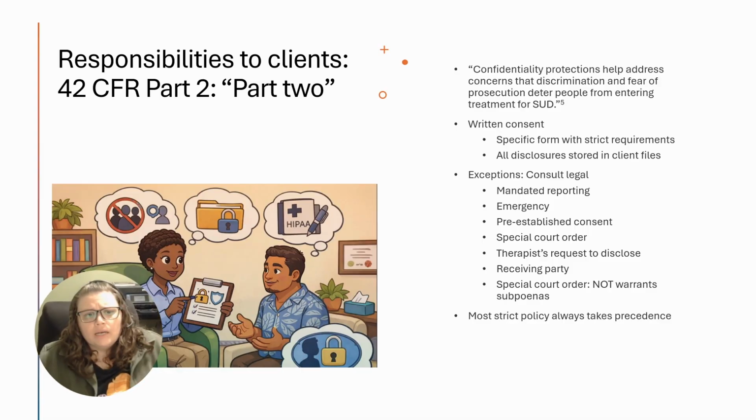On this one, this is a policy law called 42 CFR Part 2, which is just Part 2. They call it Part 2, and it's in place to protect substance users so that they can feel comfortable being honest in treatment. Any clinic that offers substance use treatment and accepts Medicaid is subject to this law.